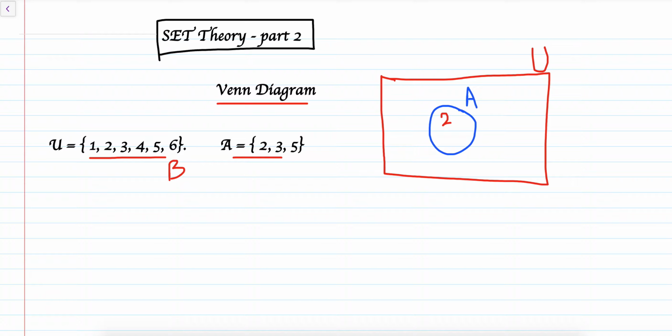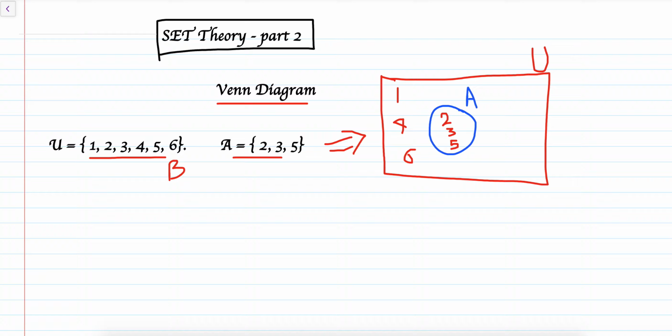So we will write 2, 3 and 5 inside this circle because these elements belong to set A. Now whatever is left: 1 we have not written, so we will write 1. 2 we have already covered, 3 we have already covered, 4 we have not covered, so we will write 4. 5 we have written, 6, so we will write 6. In this way, the same information can be represented in pictorial form.